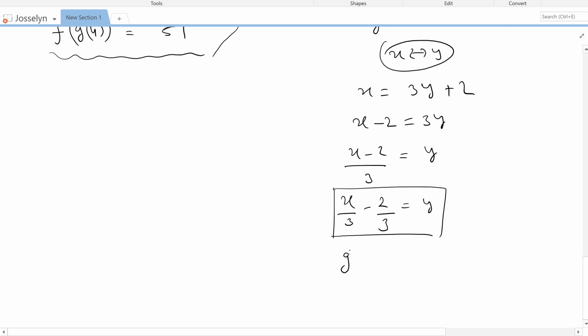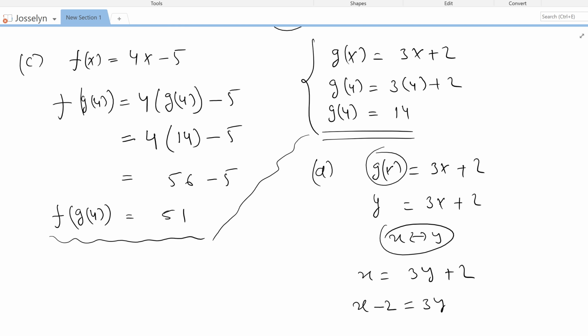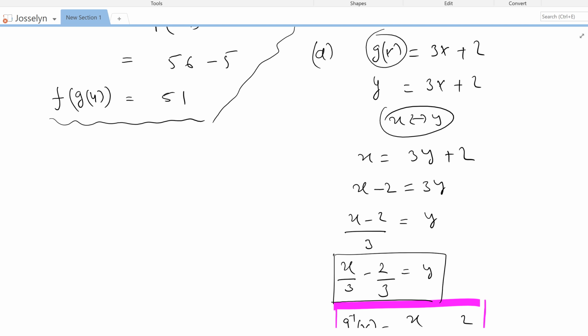Replace y by g inverse x, and then write down the rest of the numbers. So we have g inverse x. Good? And we have to figure out f inverse g inverse 11.